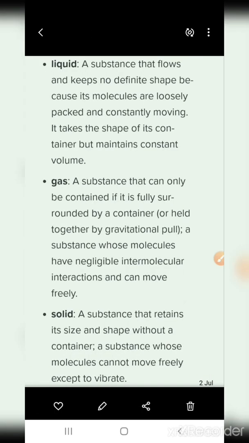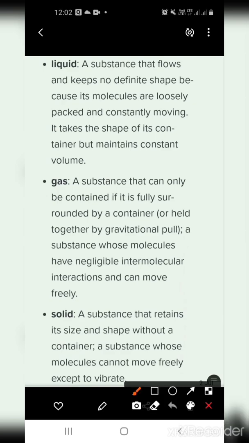Okay? So children, today we have learnt about the three states of matter: solid, liquid and gas. Solid is a substance that retains its size and shape without a container, a substance whose molecules cannot move freely except to vibrate, right?